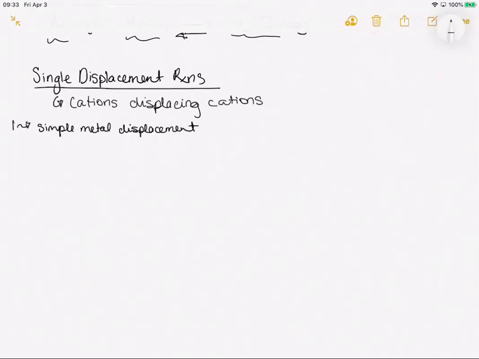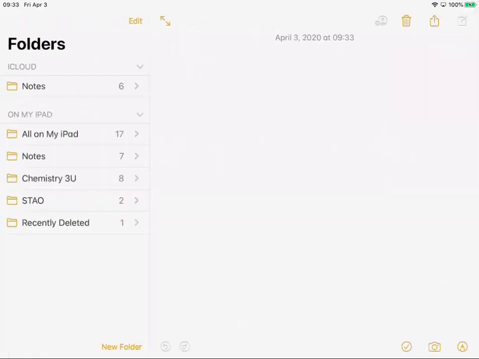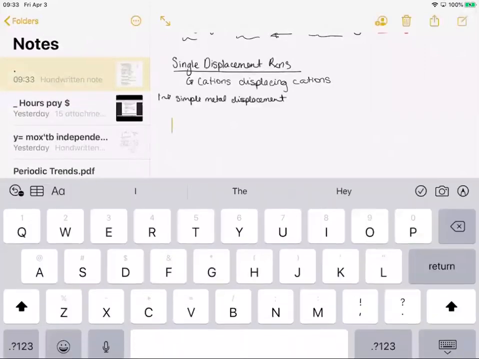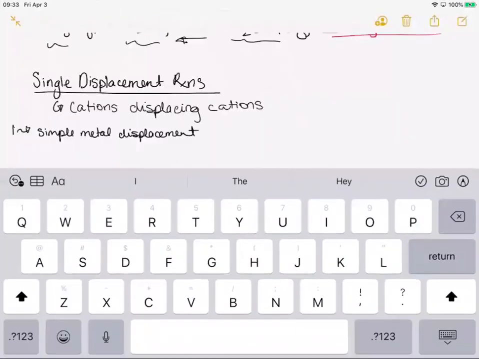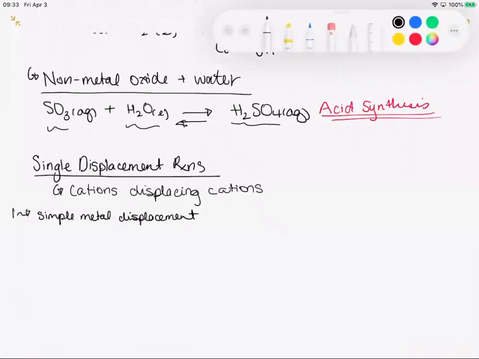So for simple metal displacement, we have to look at the activity series.